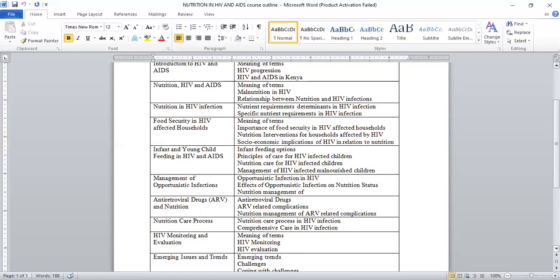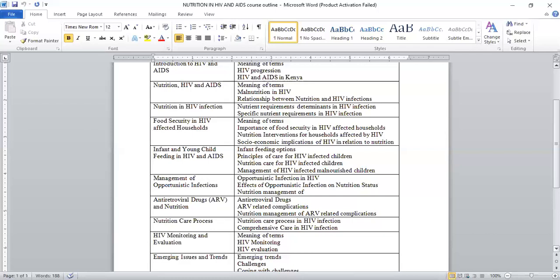Then we have the opportunistic infections. These opportunistic infections are the ones which make those who are HIV positive go to their last stage. If they are managed well, for example, if TB is managed well, it means that disease won't make this person very, very weak.